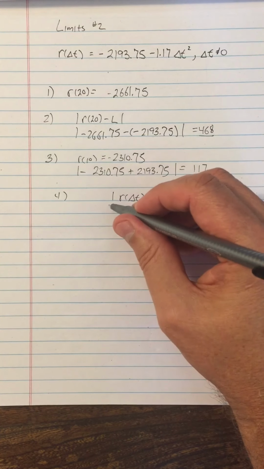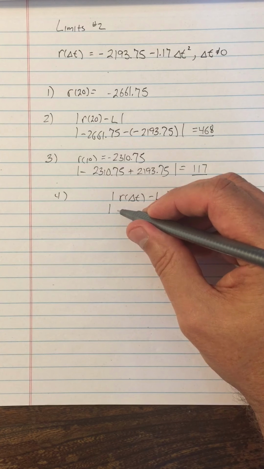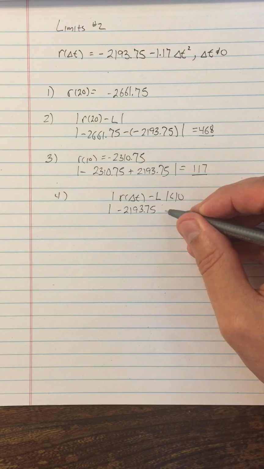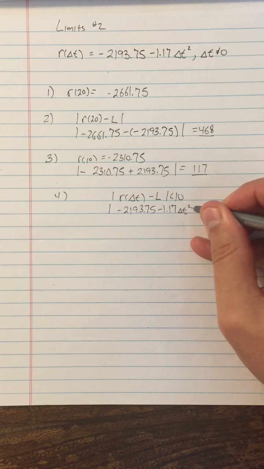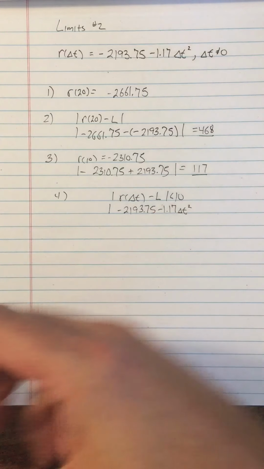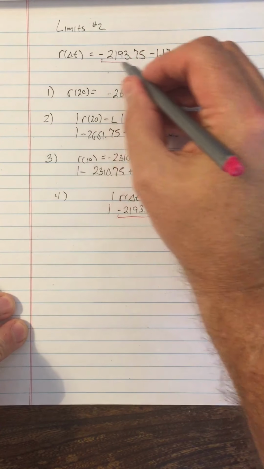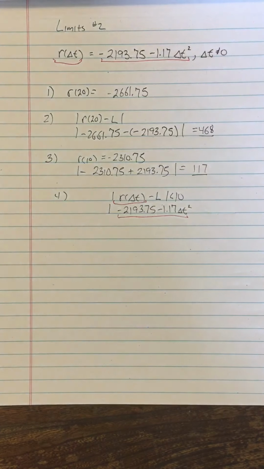And basically we're going to solve this for r of delta t. So now we're going to substitute in step 2, r of delta t is negative 2193.75 minus 1.17 delta t squared, right? That's just because that's our expression for r of delta t. Just bringing it down from here. So that's why I can substitute that.